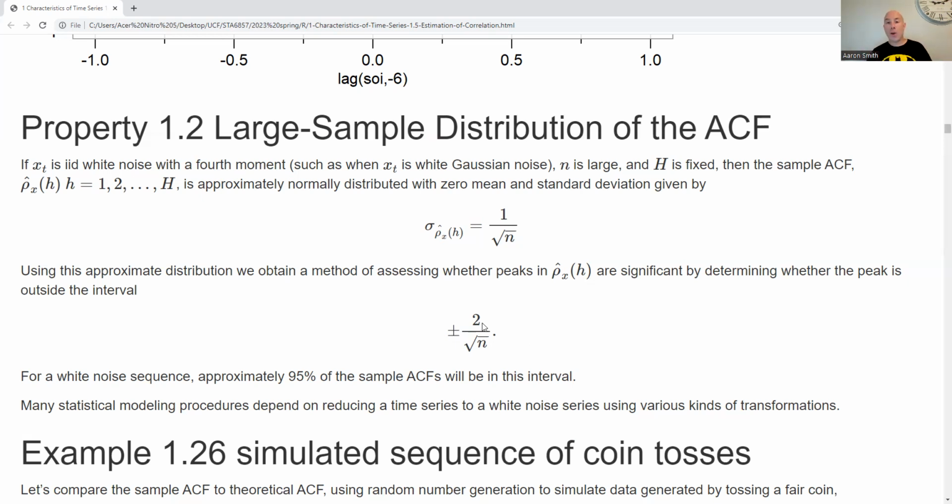But as a general rule of thumb, plus or minus 2 over the square root of n is a good, reasonable cutoff for assessing if a peak is statistically significant or not. For a Gaussian white noise sequence, approximately 95% of the sample autocorrelations will be within this interval.